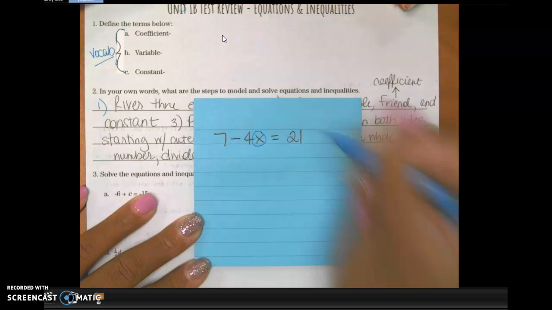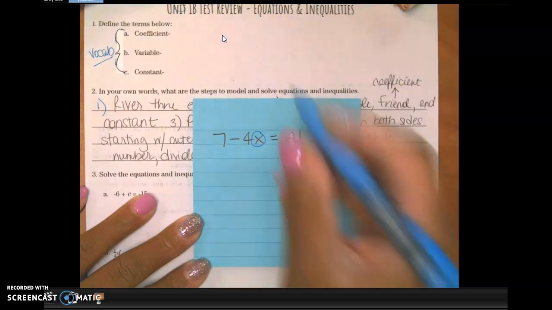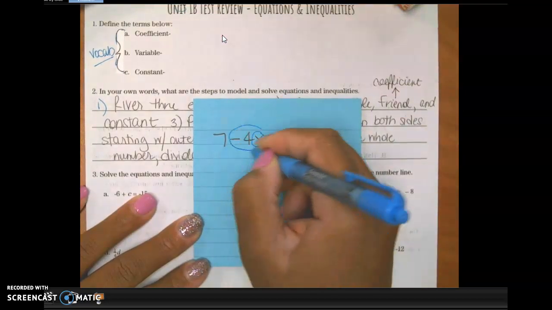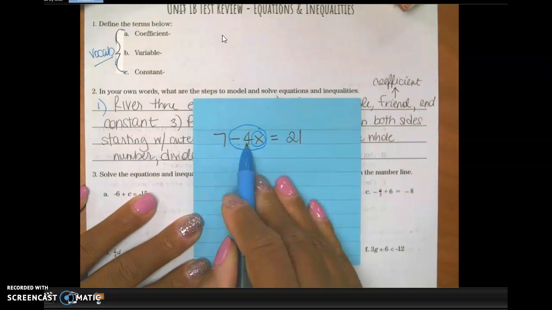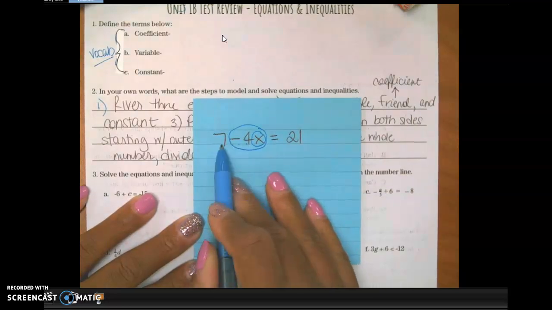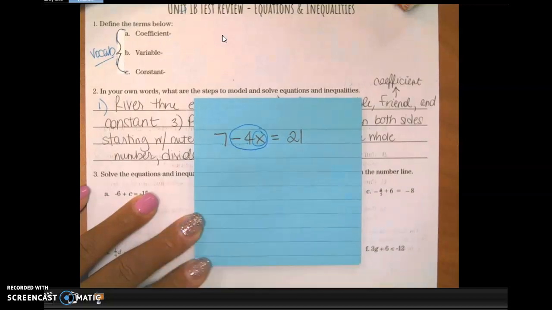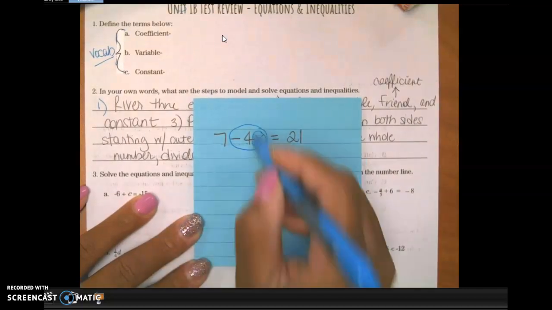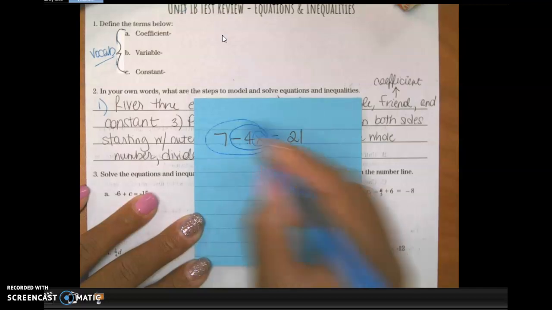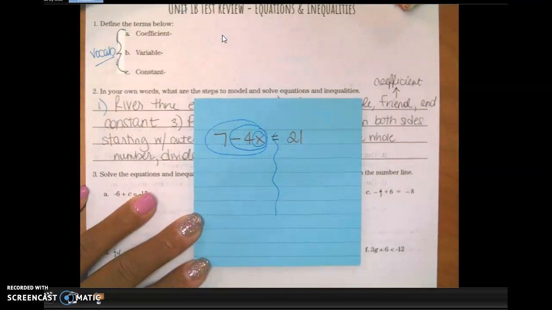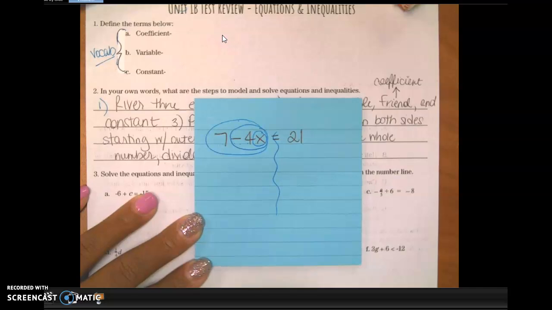Circle your variable. Pay attention. Circle the variable and its friend. That negative goes with that 4. It does not go with the 7. We don't ever say 7 negative, but we say negative 4. Then circle everything over here. Draw your river. Who's in the outer layer? What's the opposite of 7?